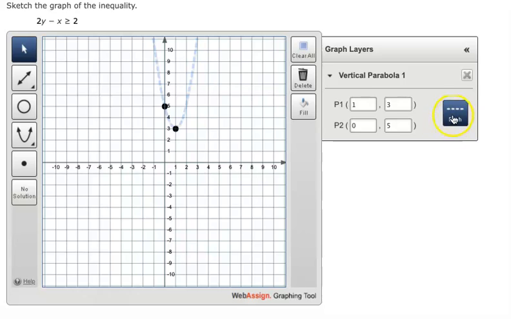Take a look at dashed versus solid. What does that matter? It does. The dash is not included and the solid is included. This is how you change it. And that is how you draw or use the Parabola tool on the WebAssign graphing tools.